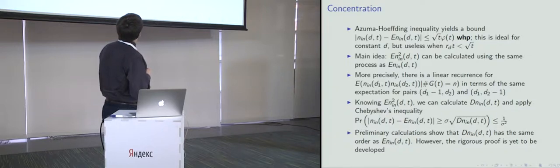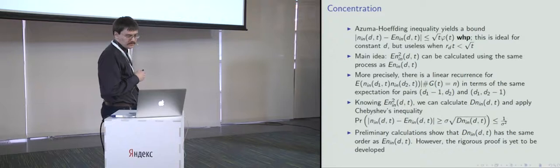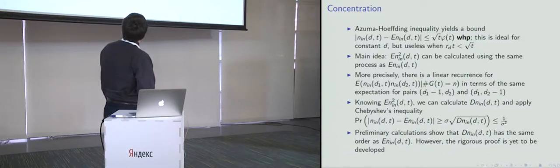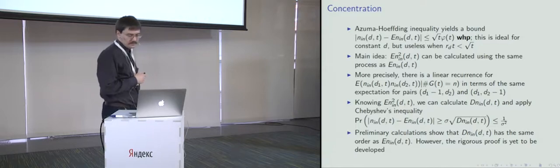When the expectation drops below the square root of the number of edges, it is essentially useless. The main idea of our calculations is to estimate eventually the dispersion. To do this, estimate the expectation of the square of the number of vertices. It can be calculated using the same ideas.